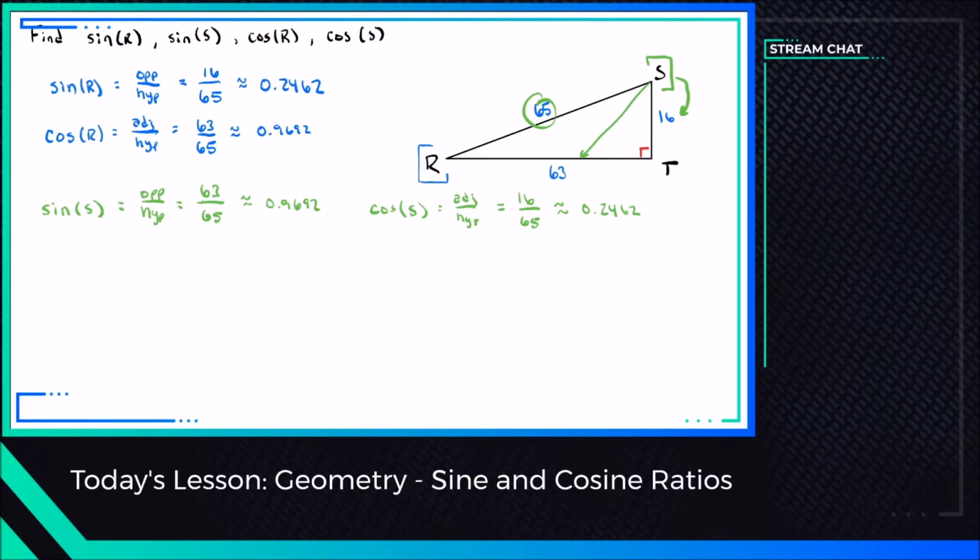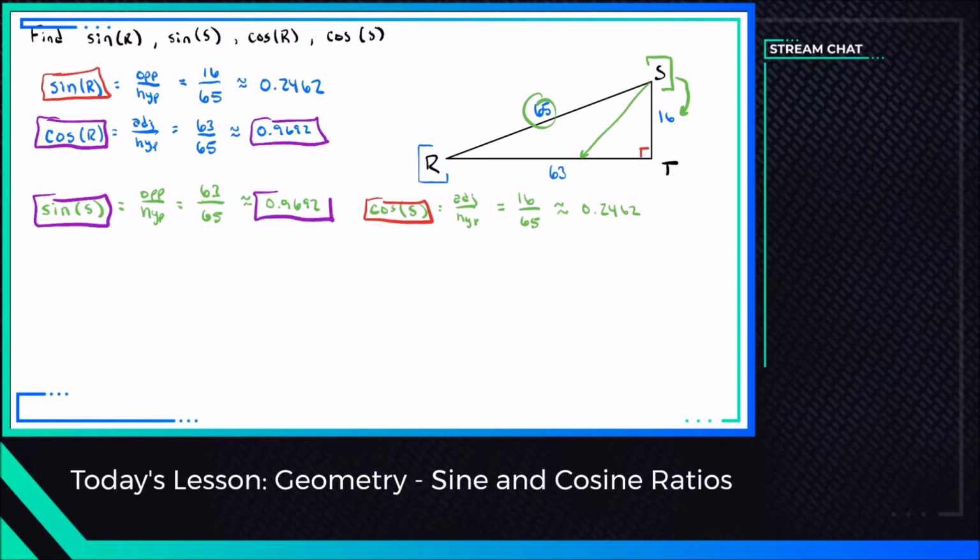Now, what do you notice about the sine of R and the cosine of S, and the cosine of R and the sine of S? Well, in fact, they are equal.